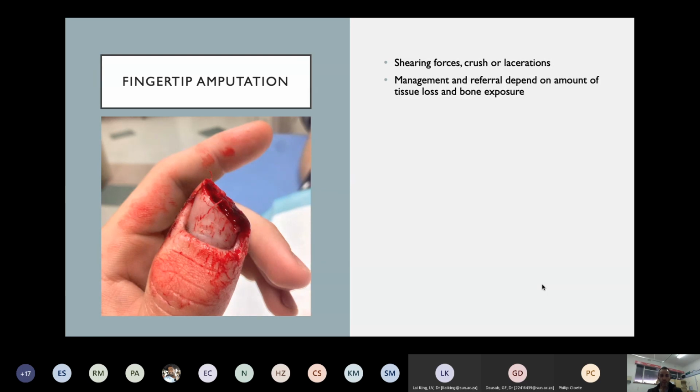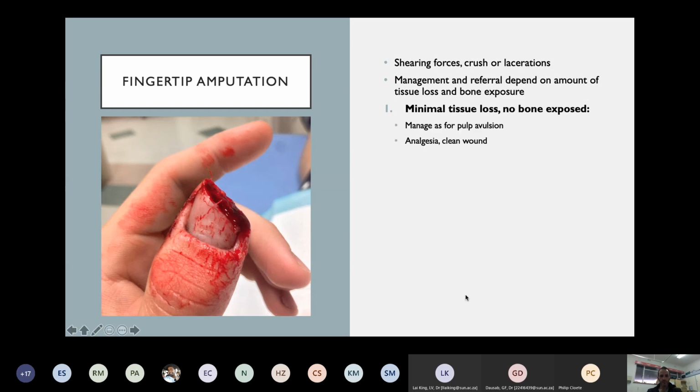So management would depend on the amount of tissue loss and whether the bone is exposed or not. Generally speaking, if there's minimal tissue loss and there's no bone exposure, you can treat these like you would a fingertip avulsion injury.